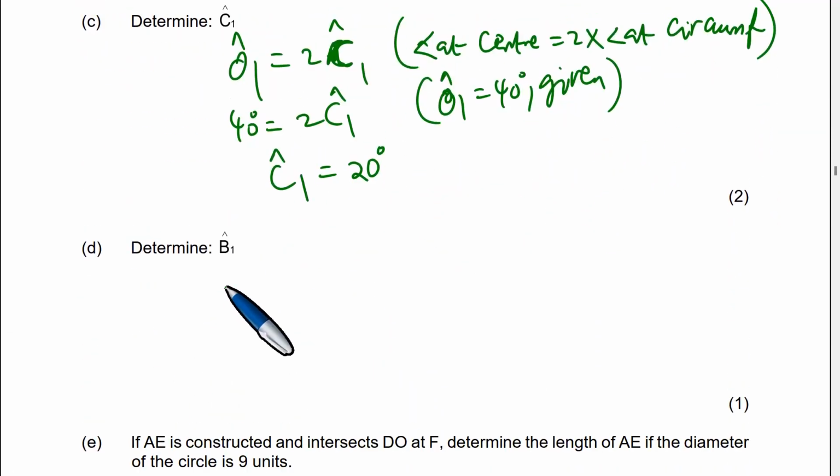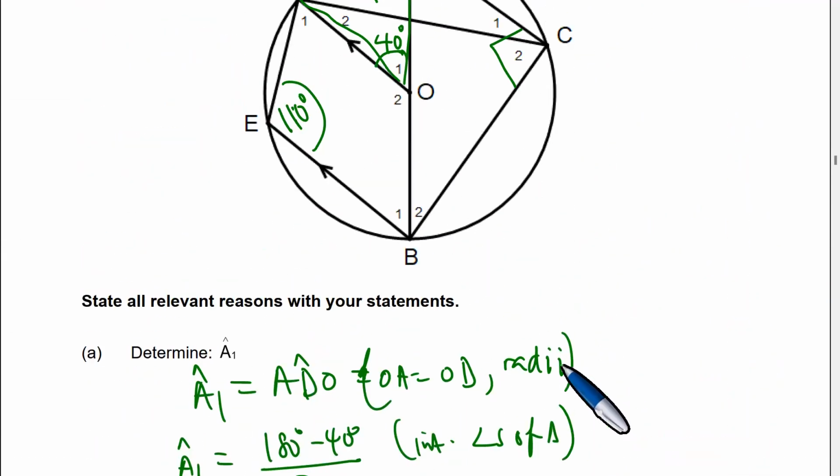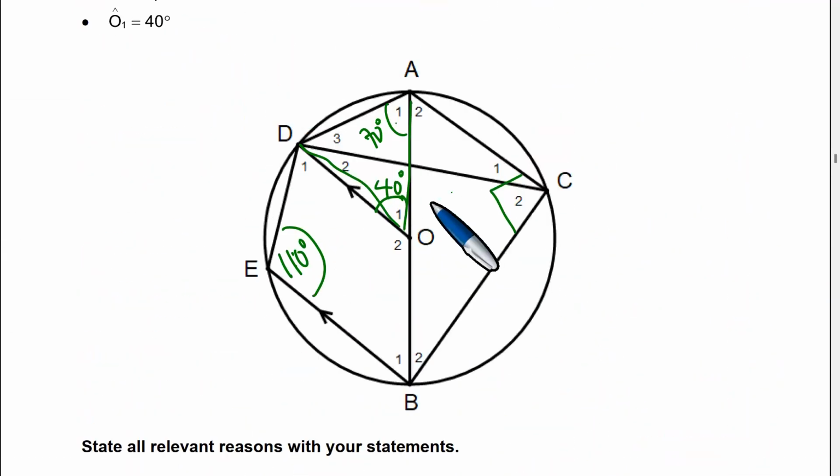What is the size of angle B1? Normally you must plug in everything you get there. So this one is 20 degrees. What is the size of angle B1? This one. These are clearly corresponding angles. You can use co-interior angles, etc. This is the angles in F from grade 10.